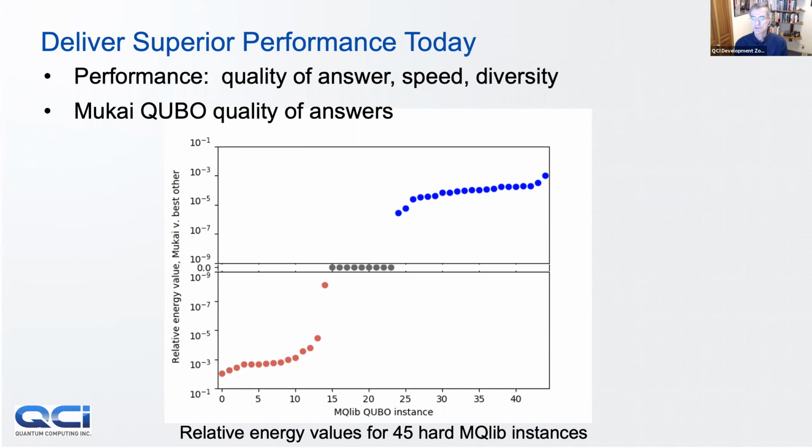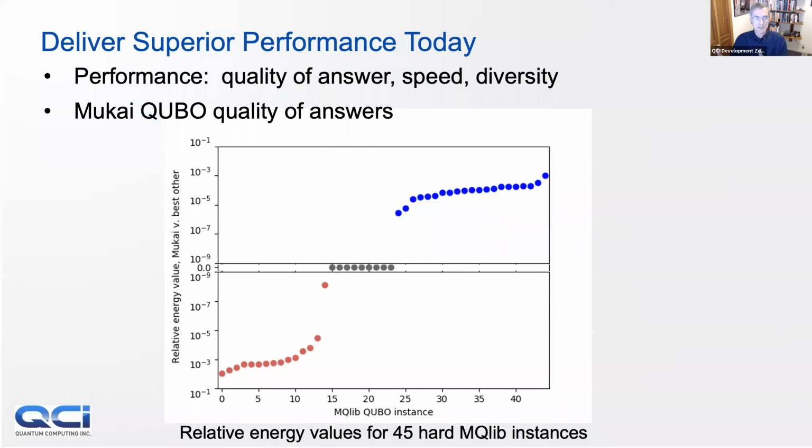So MQLib is a library that's put together out of MIT about 5 years ago. It's a few thousand QUBO problems. And we selected some of the hardest ones from that. I mean, the longest running and the ones where only one of the heuristics they tested gets good answers.